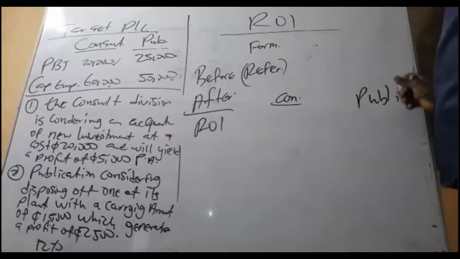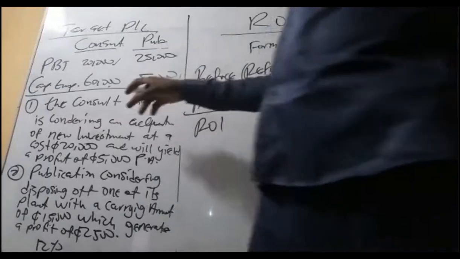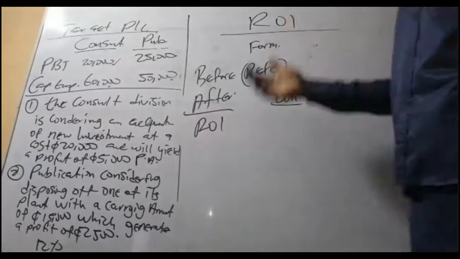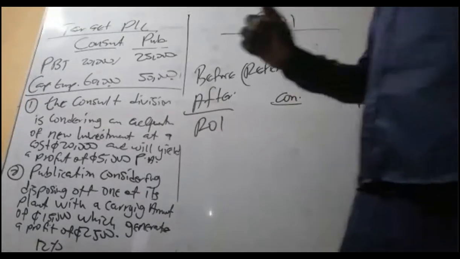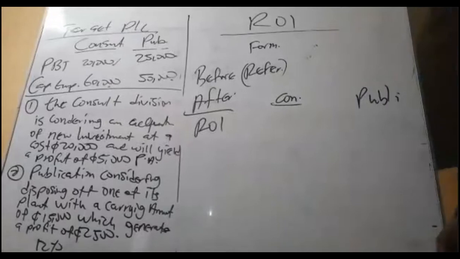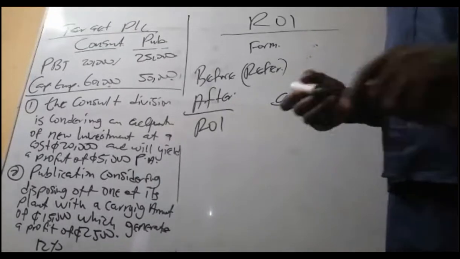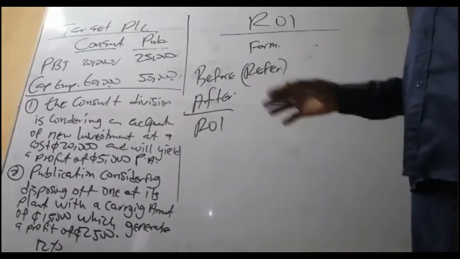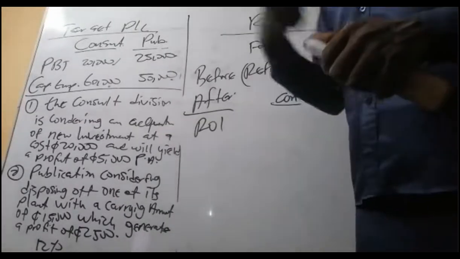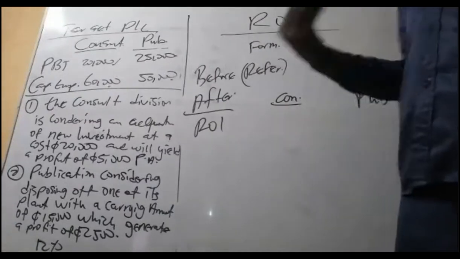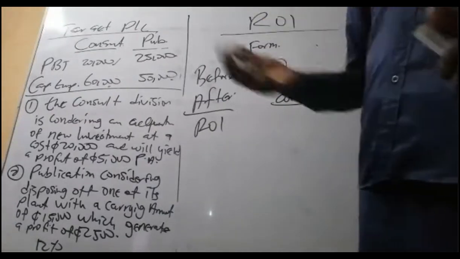You realize that the consulting company bought additional investment or assets, so in a way it will increase the capital employed. Anytime they acquire, just add. When they sell, subtract. When they acquire, it will increase the company's net assets.